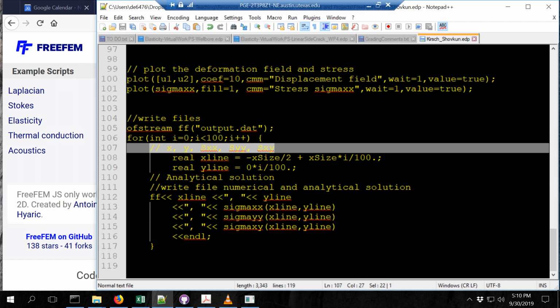What these equations mean is that this is a line where y is equal to 0, and x goes from the negative middle of the domain to the positive middle of the domain.